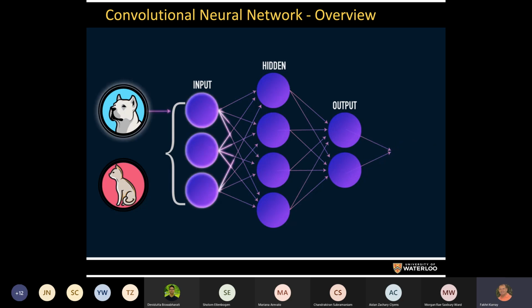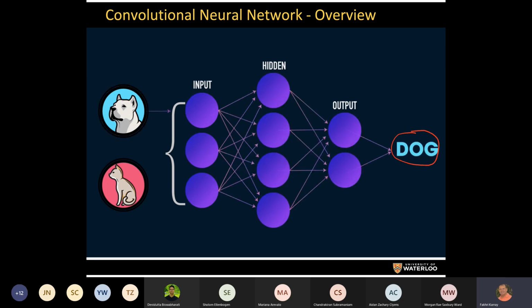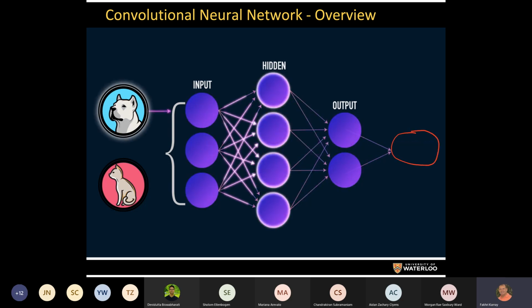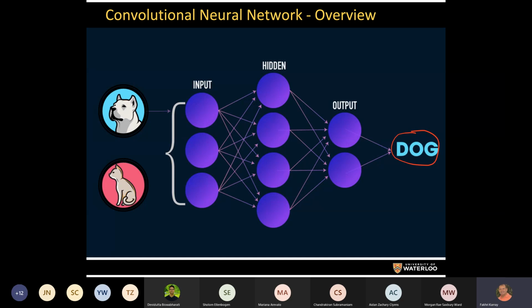Okay, so this is what we would like to have. We would like to have a deep learning type of behavior of the system, so that the system at the end provides us with the classification, or the most likely class of the input. And the major difference between an MLP and a CNN is the stage that we do between the image and the input.